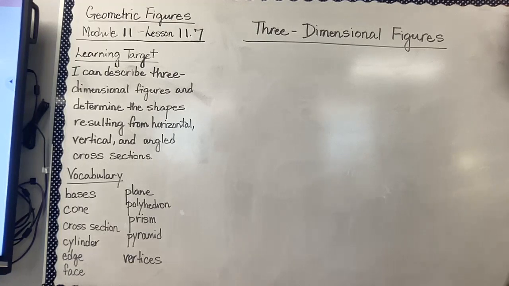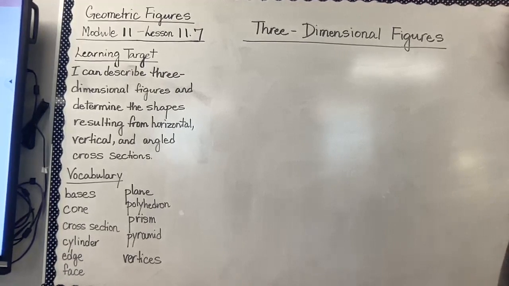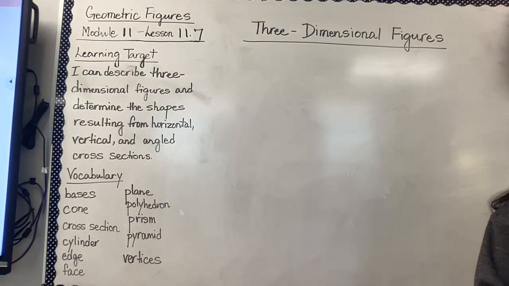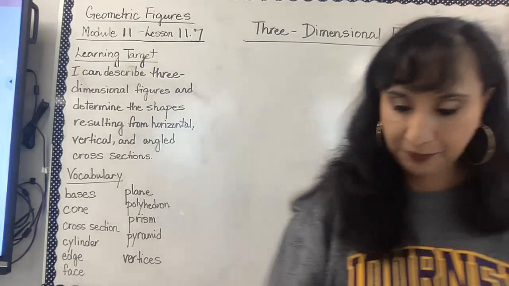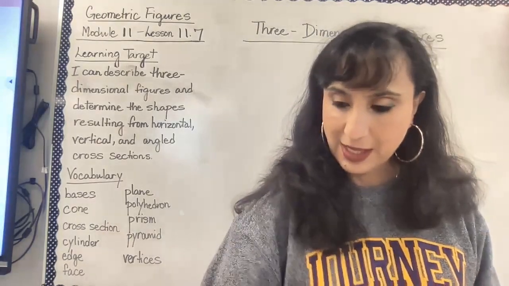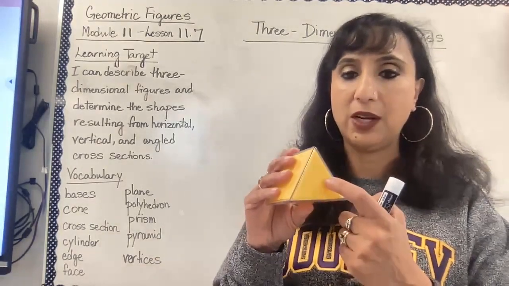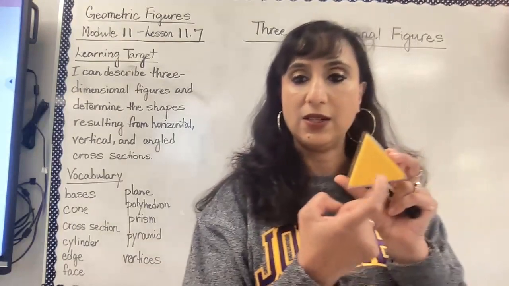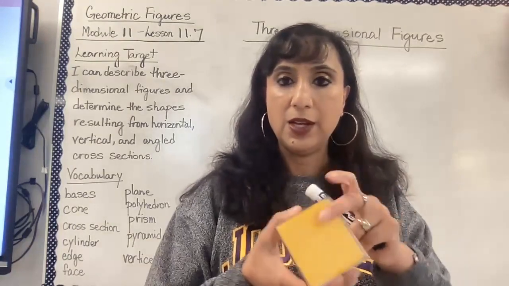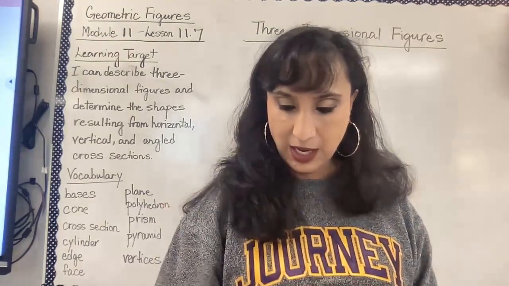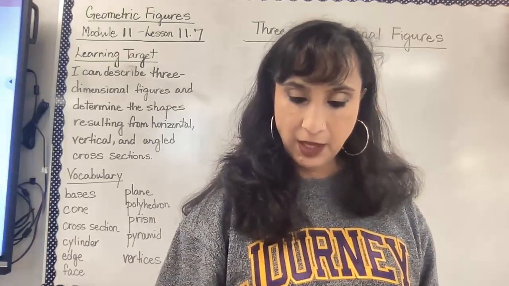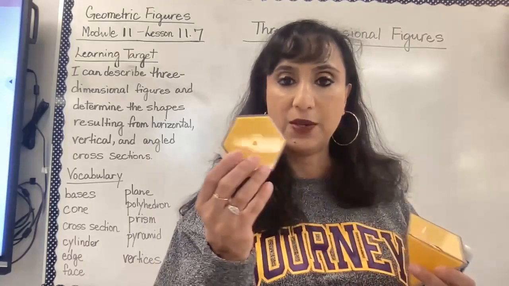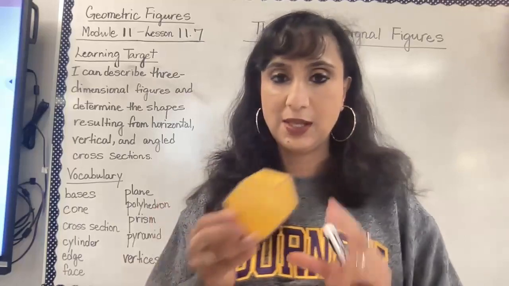Okay, so a prism is a three-dimensional figure with at least two congruent parallel faces called bases that are polygons. So that's a triangle, and that's a triangle, the top and bottom. So that's two bases. This one, again, a prism, but what is the base?